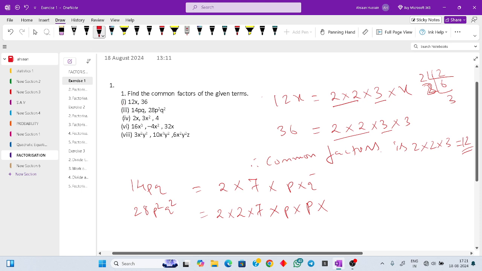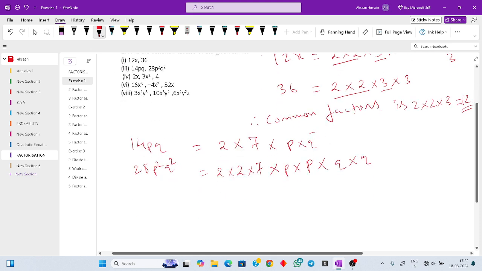Similarly, q square means q multiplied by q. Therefore, one 2 is common and one 7 is common, so write 2 multiplied by 7. Also, one p is common and one q is common, so write p multiplied by q as well. So the answer will be 14pq.